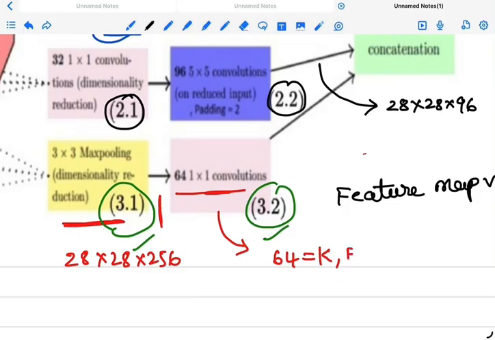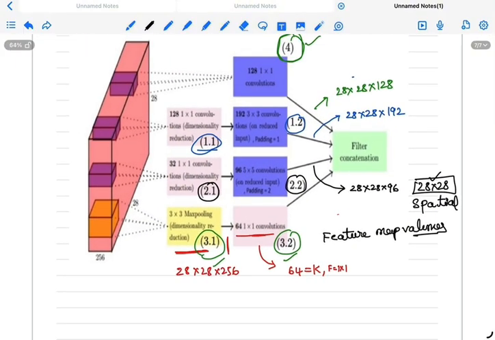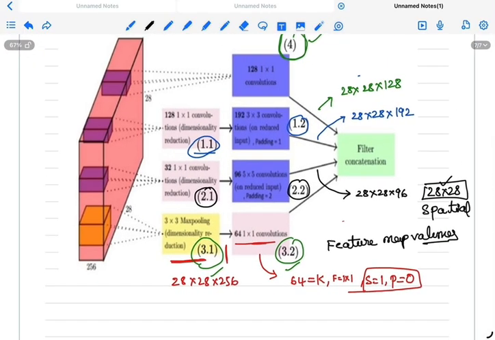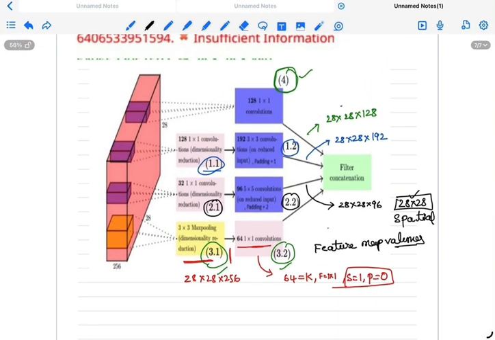The filter size is 1 cross 1, with stride equal to 1 and padding equal to 0. For general cases, when no values are mentioned, padding is 0 and stride equals 1.